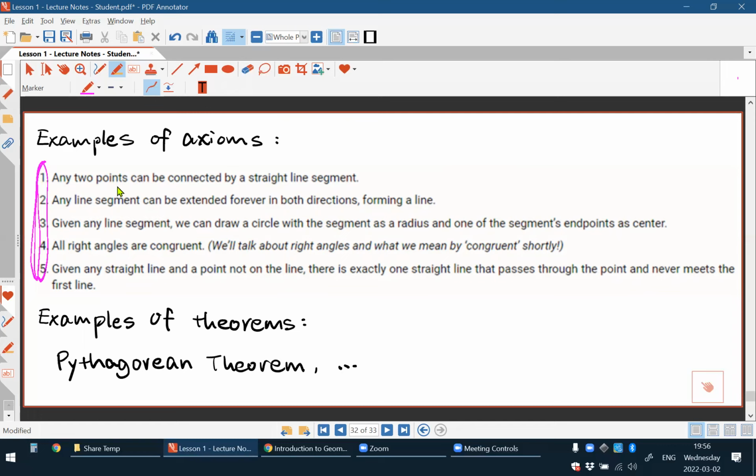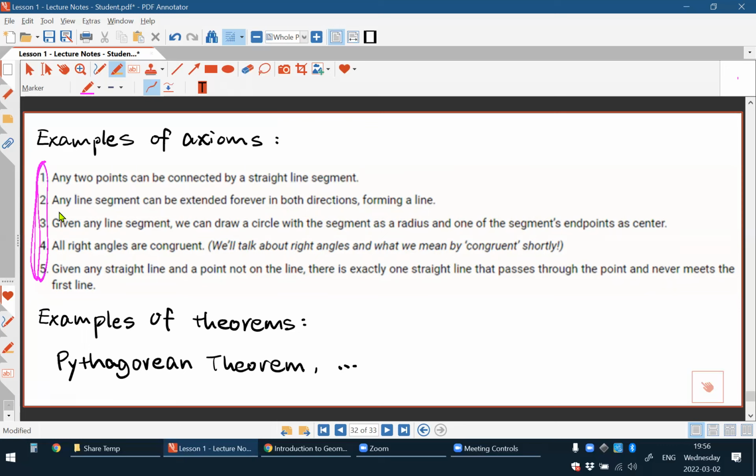First, any 2 points can be connected by a straight line segment. Do you accept this? Okay, this is a typical axiom, okay? You can use this to prove any further theorems.